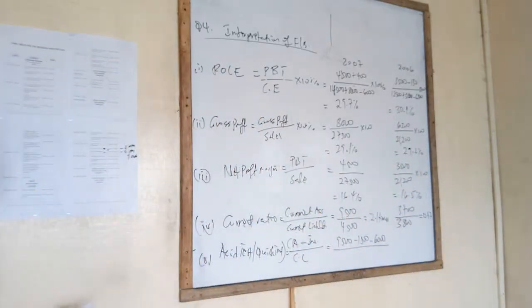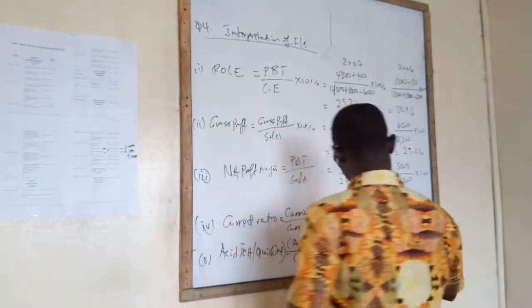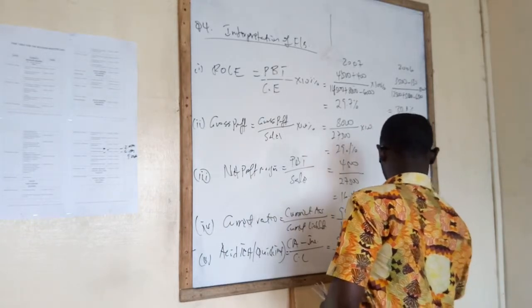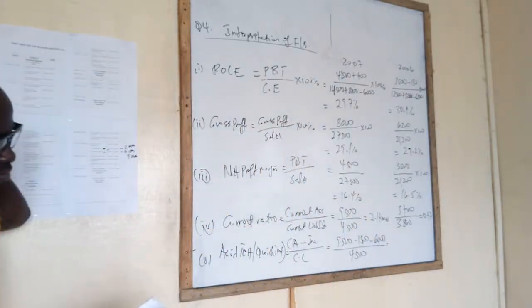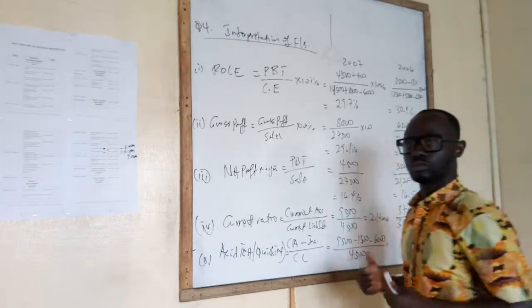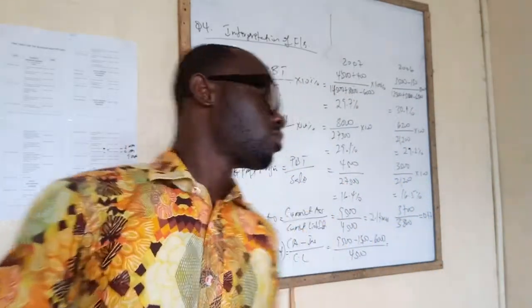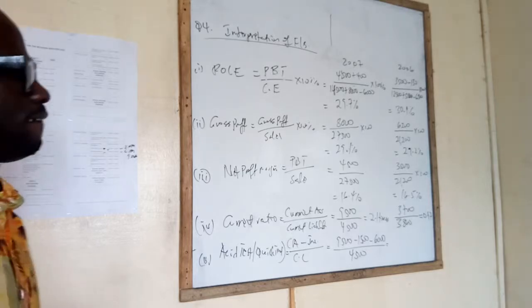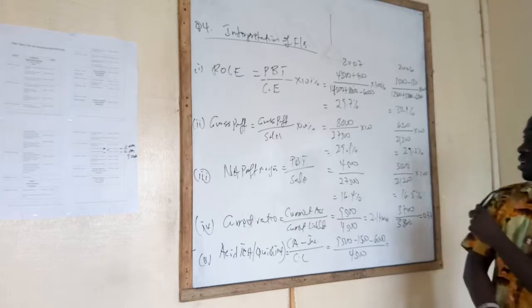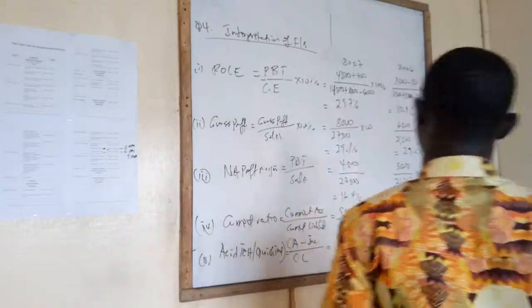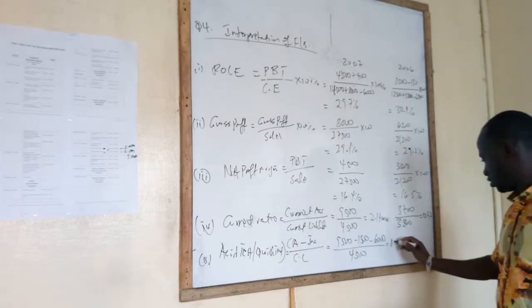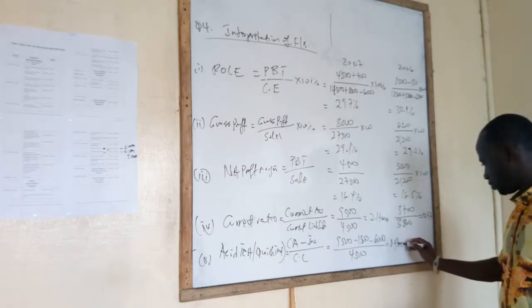Let's go. Over 4,500. What do I have? 0.4 times.